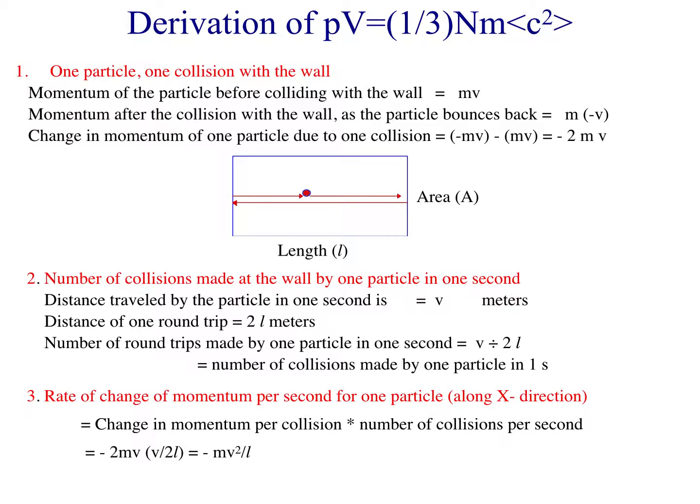So that's minus 2mv, the change in momentum for one collision, multiplied by v over 2L, the number of collisions one particle is making on the wall. So the rate of change of momentum of one particle is equal to minus mv squared over L.